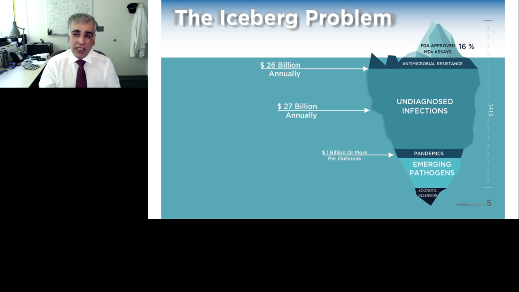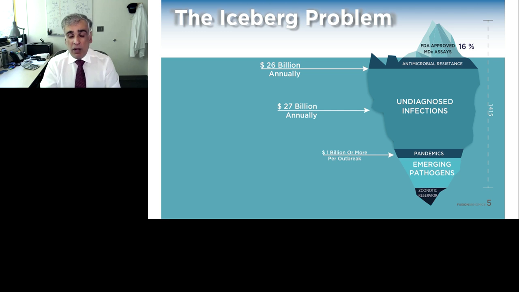Underneath the surface, you also have antimicrobial resistance, which adds an additional $26 billion annually to the economy in costs. And that is just the US alone.